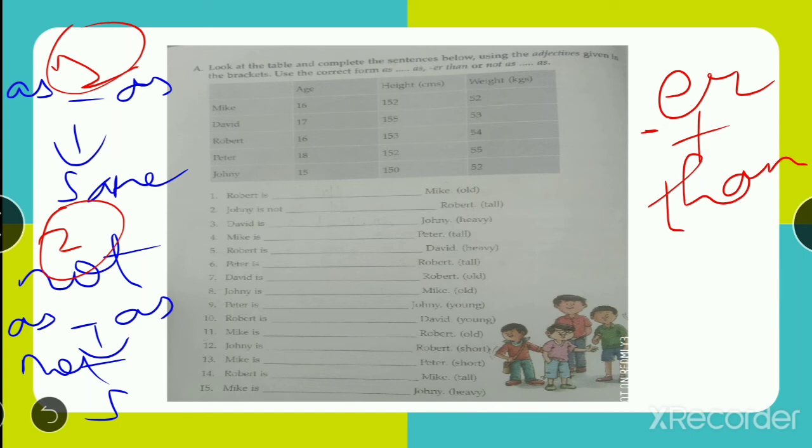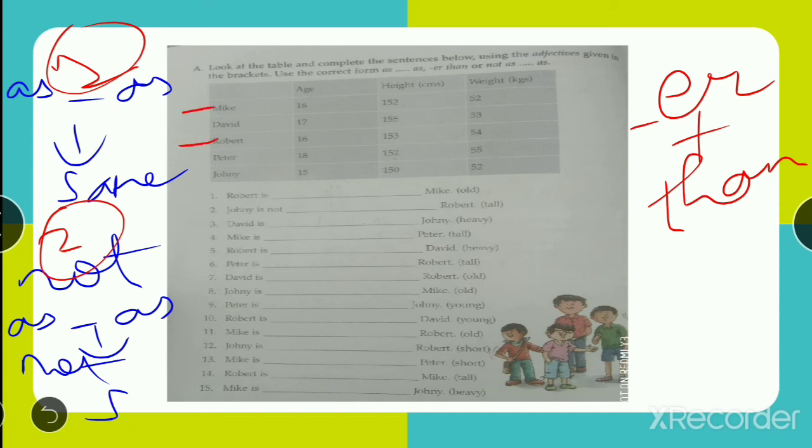Okay, now one box is given to you over here. There are a few names over here, can you see? Mike, David, Robert, Peter, Johnny. Their age is given, their height is given, their weight is given. As per the question, you have to match and then choose which one will be right. Clear?